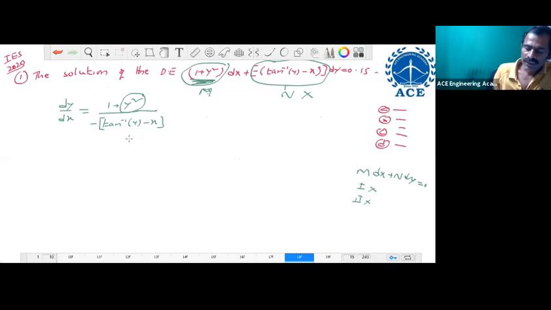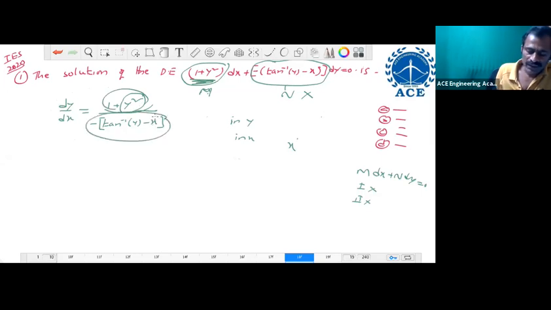When it is not linear in y, we check whether the equation is linear in x or not. To check linear in x, the variable x should have power 1. Here x has power 1.